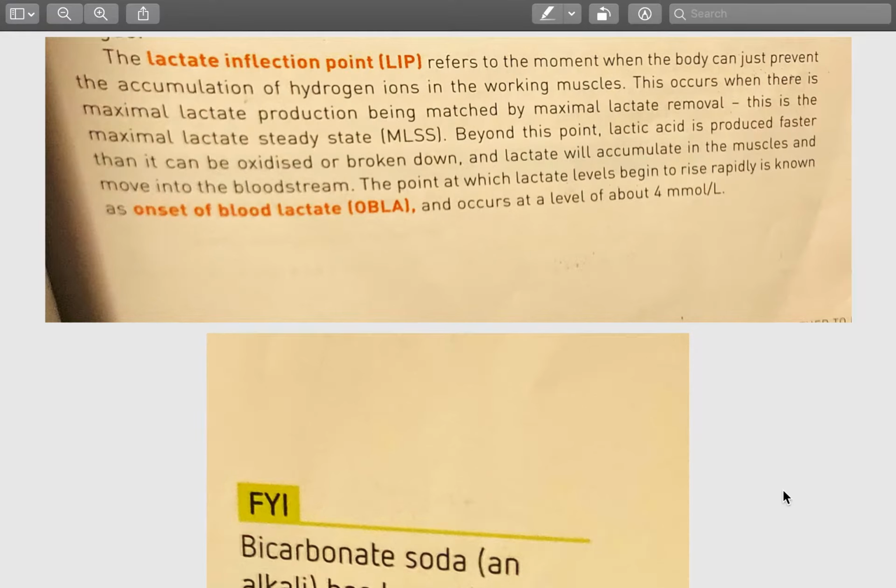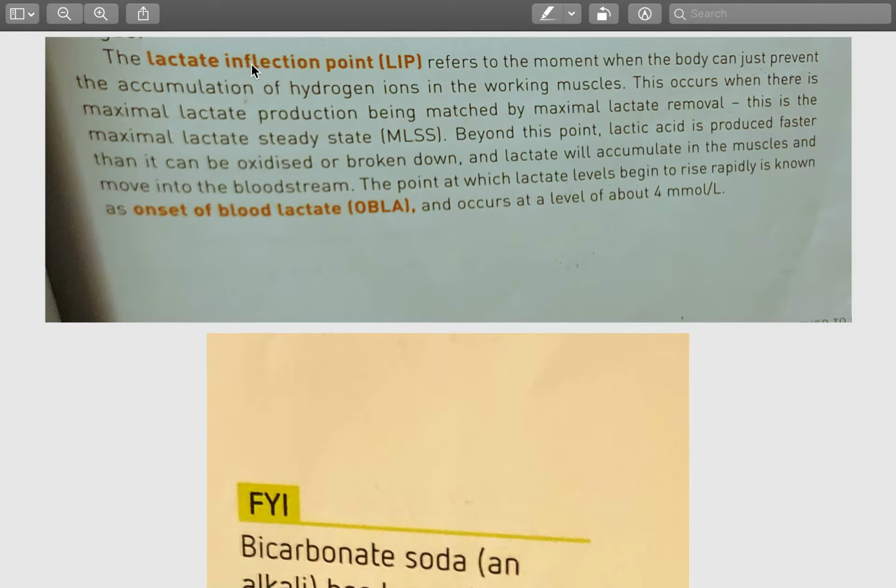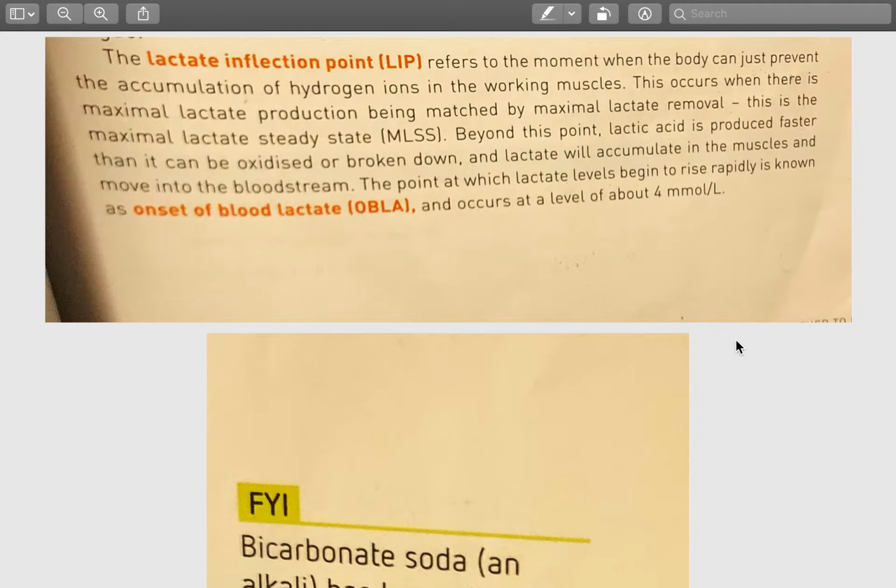So the first one is a photo taken from the section of your textbook that talks about the anaerobic glycolysis system. And it mentions the lactate inflection point, this thing here. Lactate inflection point refers to the moment when the body can just prevent the accumulation of hydrogen ions in the working muscle.